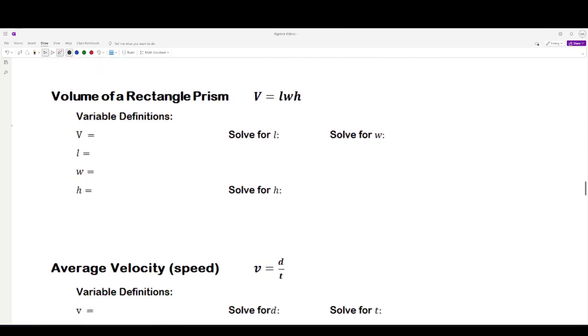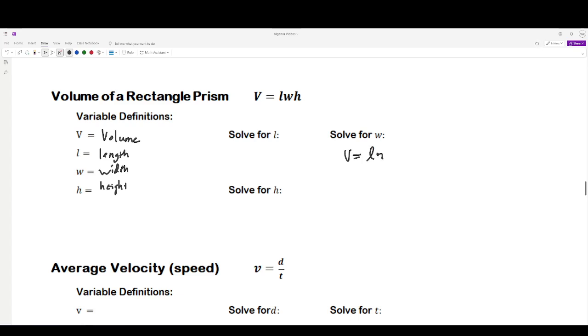Volume of a rectangular prism, so this is volume, and then we have length, width, and height. Solve for L. I'm actually going to do solve for W on this one because it has more space, but this is going to be very similar to the last one.